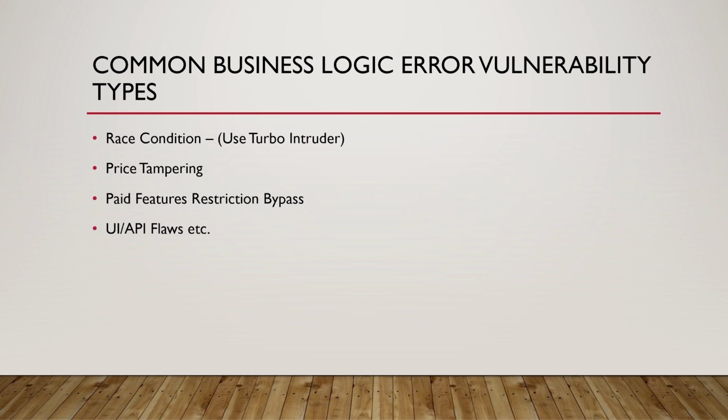The third one is paid feature restriction bypass. For example, there are so many applications that allow feature-based access. If I'm buying a premium feature, then I will have access to many functionalities of that application. Some examples of these applications are Truecaller, Tinder, Bumble.